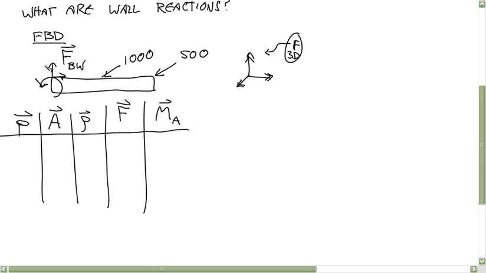I guess I'll start with that couple. I haven't named it yet. Let's call that M, the moment on the body by the wall. And in fact, when I use couples, if my couple is represented as a vector variable like this one is, well, I'm being a little loose.